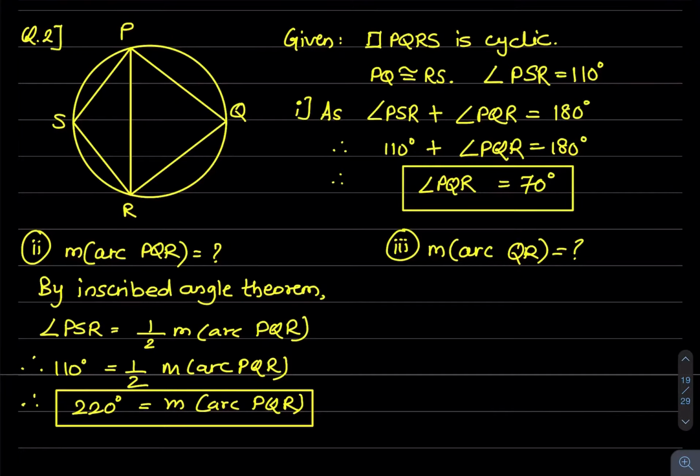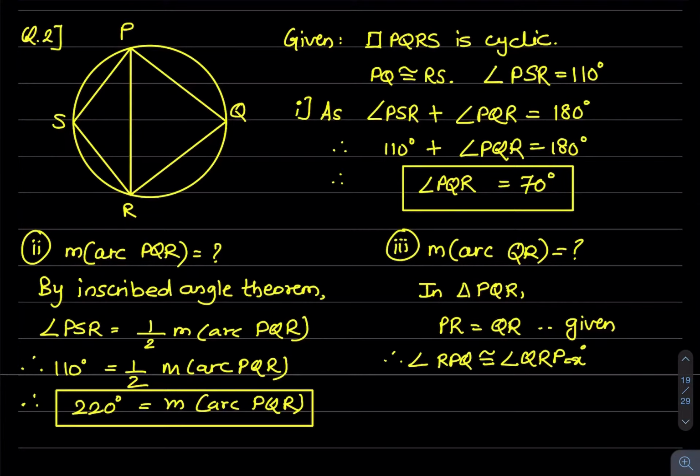As we are given that this side is congruent to this side, in triangle PQR we will apply the isosceles triangle theorem. So in triangle PQR, PQ is congruent to RQ, so angle RPQ will be congruent to angle PRQ.